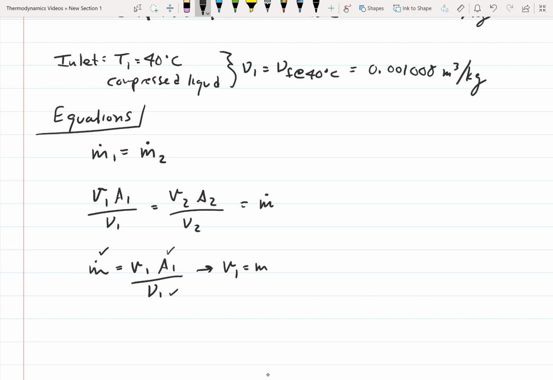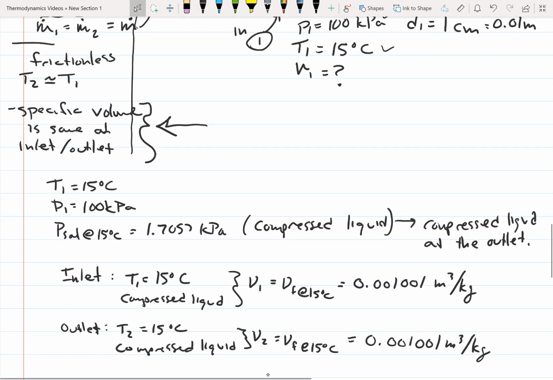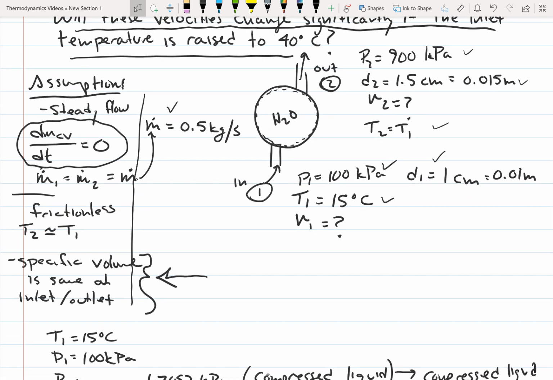So we can solve for the velocity: V1 is equal to m dot times the specific volume over the area. This is equal to 0.5 kilograms per second multiplied by 0.001001 meters cubed per kilogram, divided by the area. I just calculated the areas. You could also plug the equation for the area directly into the equation you're solving.